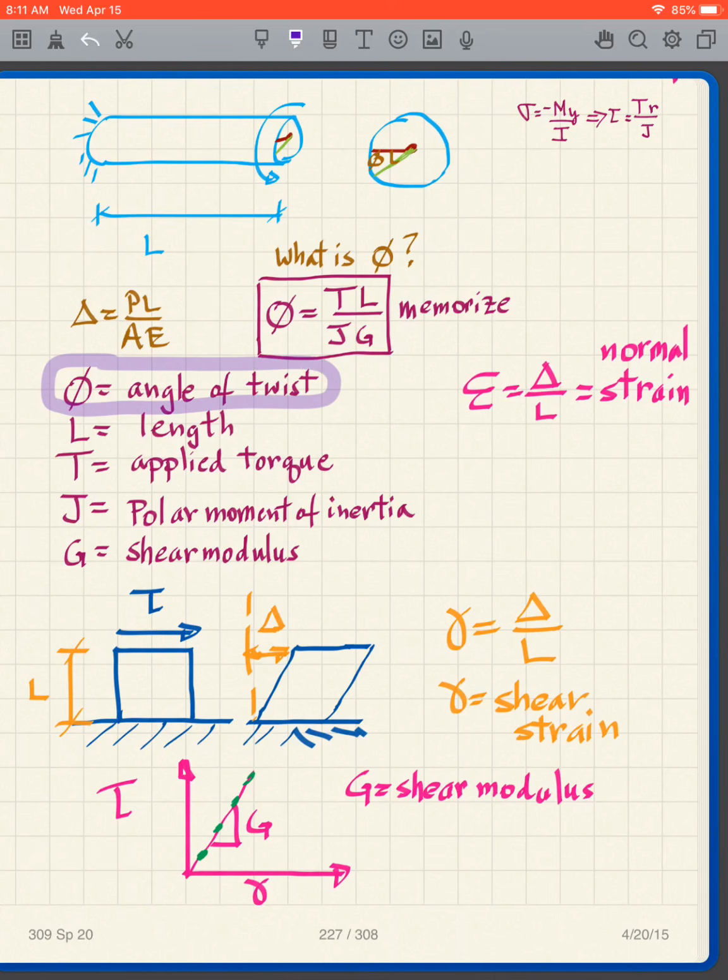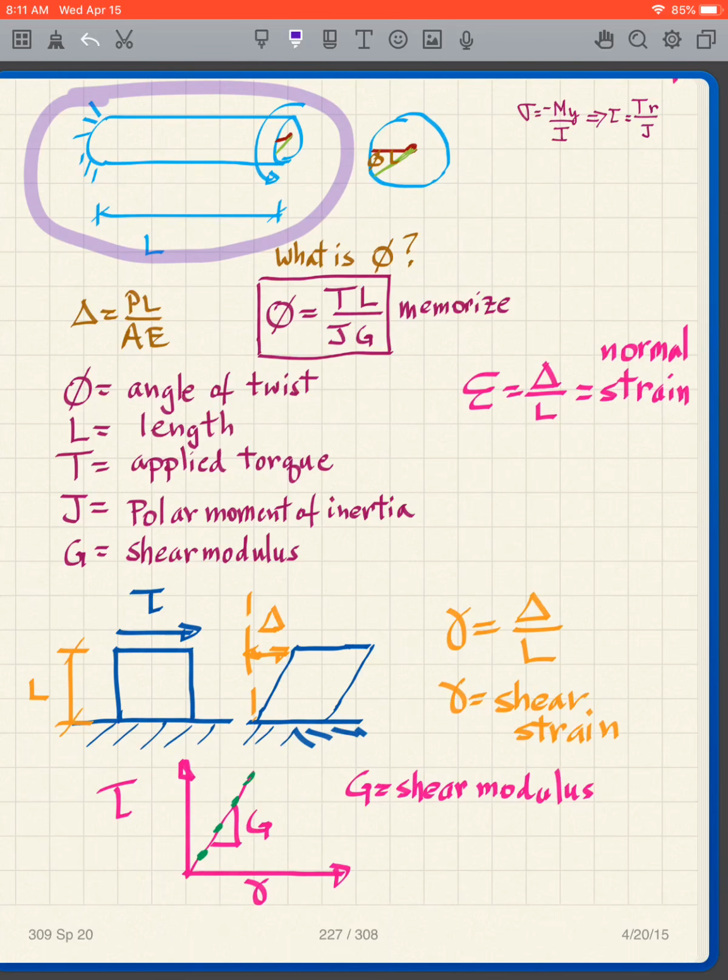In other words, what do I mean by that? If I take this particular problem here, I have my cylinder anchored to the wall, and I apply a torque to twist this.